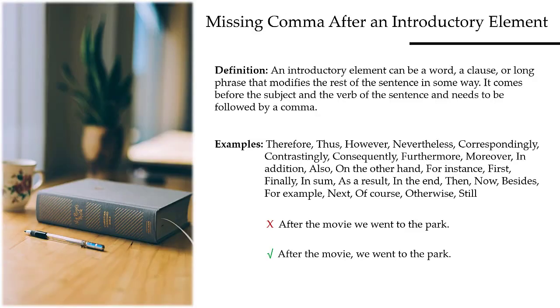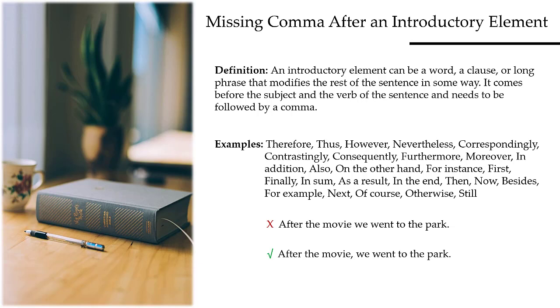the course. So another error is missing comma after an introductory element. An introductory element can be a word, clause, or a long phrase that modifies the rest of the sentence in some way. It comes before the subject and verb of the sentence and needs to be followed by a comma. Again, we can think of this as extra information that adds detail to the sentence.